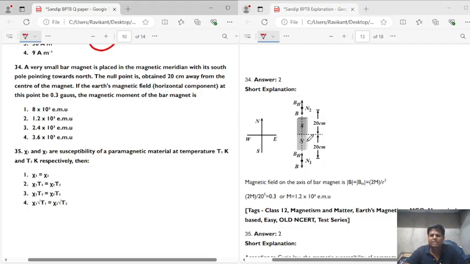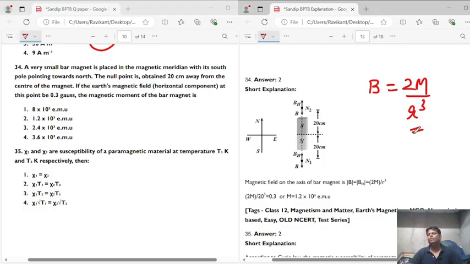This is the north-south direction, and the south of the magnet is placed in the north and the north is placed in the south, and we are having null points N2 and N1 which are at 20 centimeters from the center of the magnet, right? So for this we have the magnetic field given as B is equal to 2m upon r cube, where r is the distance of the null point from the center of the magnet.